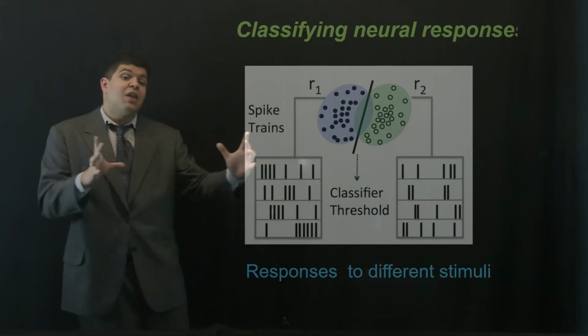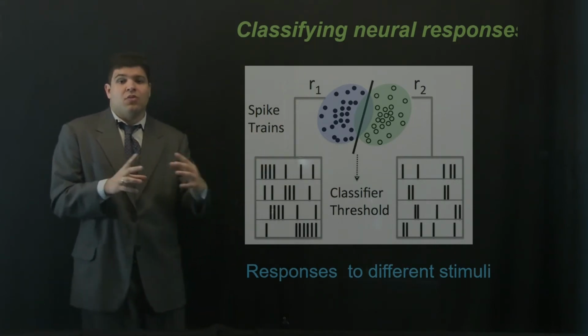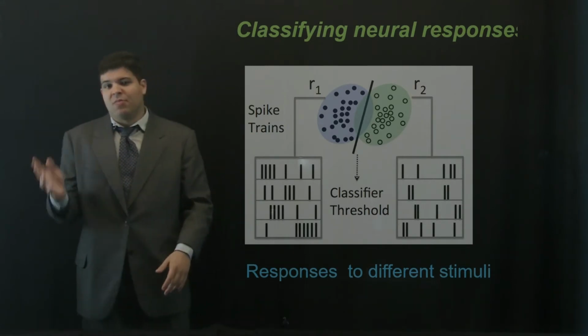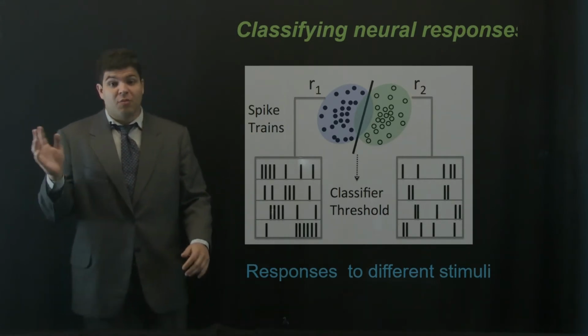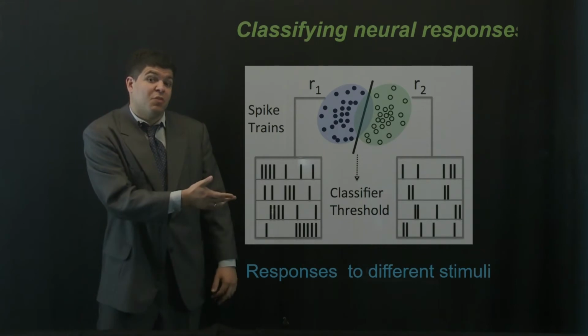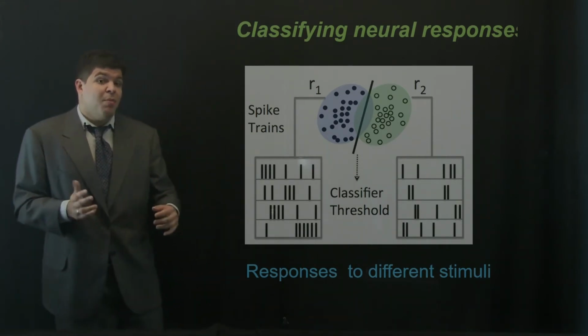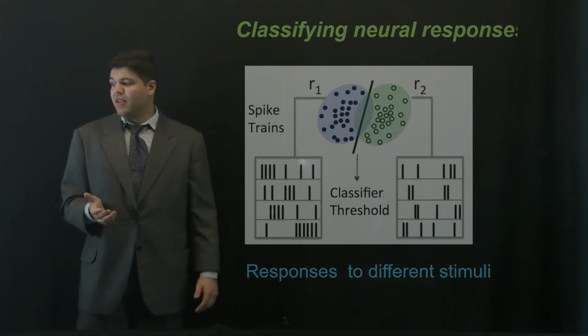You can cluster these two response classes. You can say, these are clearly responses from stimulus 1, and these are clearly responses from stimulus 2. There's not much overlap, not much confusion between these classes.